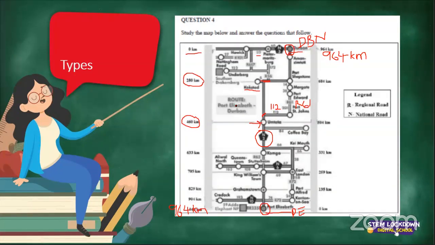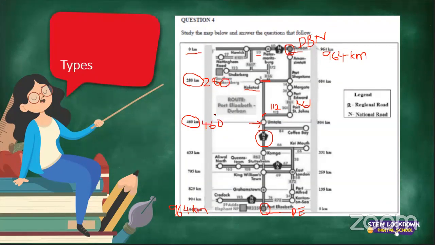I can see from Durban to Mthatha, it's 460 kilometers. From Durban to Kokstad, it is 280 kilometers. So the distance between Kokstad and Mthatha will be the difference between these two.